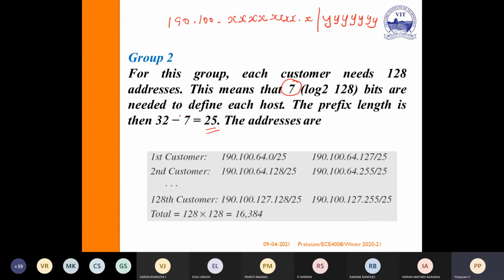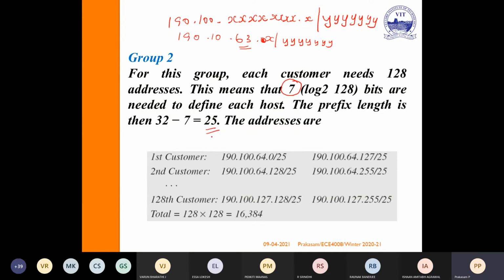Now if you see, in the previous case, this is nothing but the last address. I am only going to start from there.